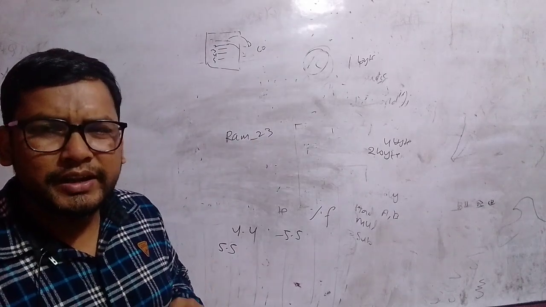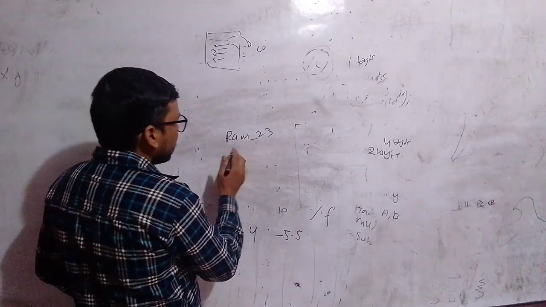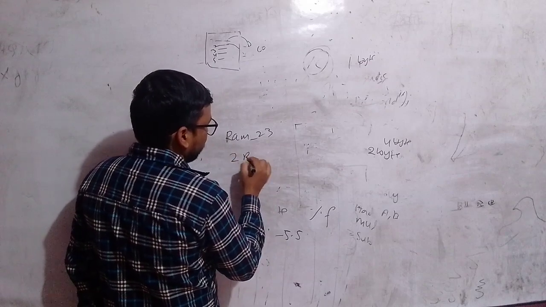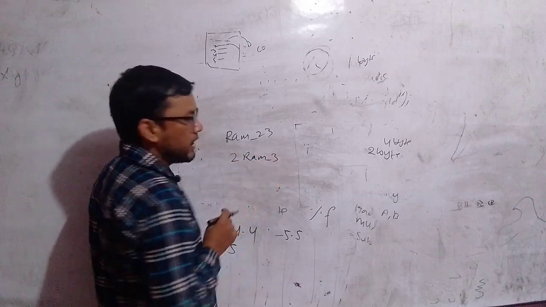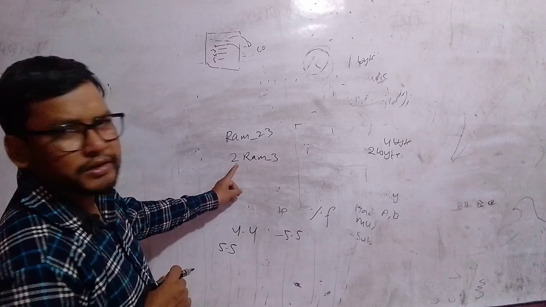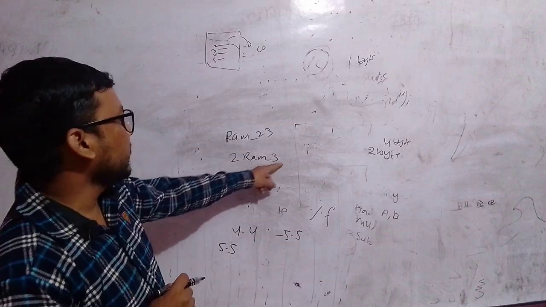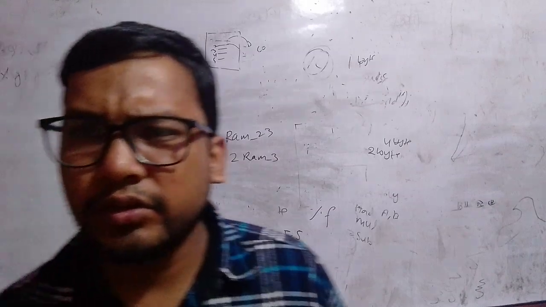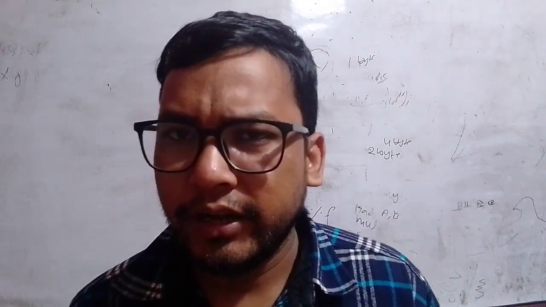But while writing a variable, a number cannot come at the beginning. 2ram underscore 3, we cannot write it this way, because we cannot write a number ahead of the variable name. We are only allowed to use an underscore or an alphabet at the beginning.